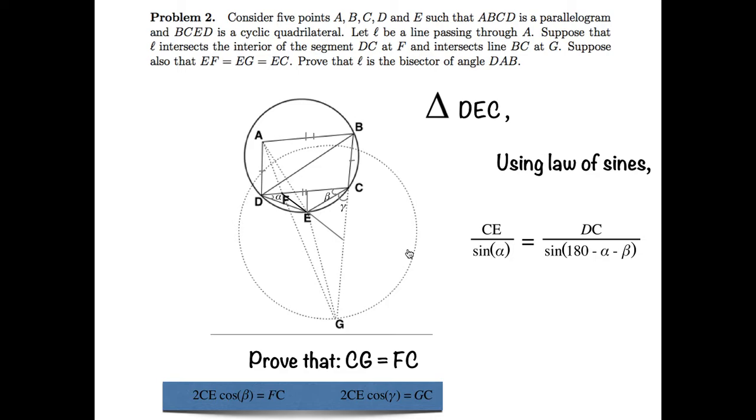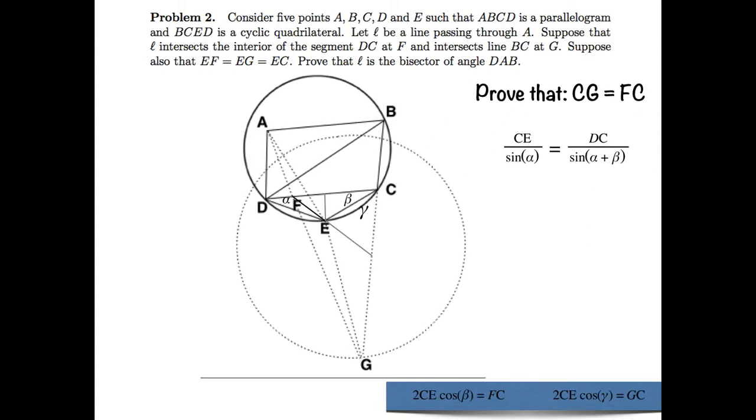Use the sine law, DC by sine 180 minus alpha minus beta, where this can also be written as CE by sine alpha, that's the same, is equal to DC by sine 180 minus alpha plus beta. That can also be written as sine alpha plus beta, right? Because sine 180 minus theta is equal to sine theta, right?